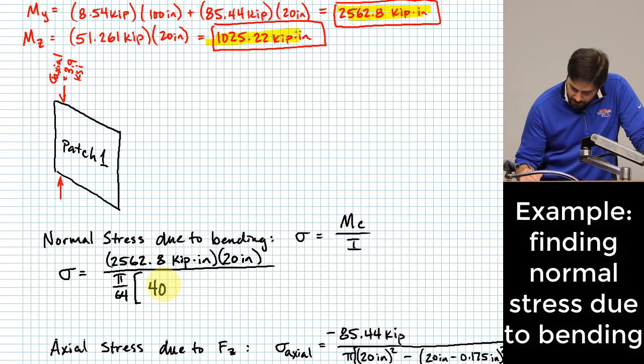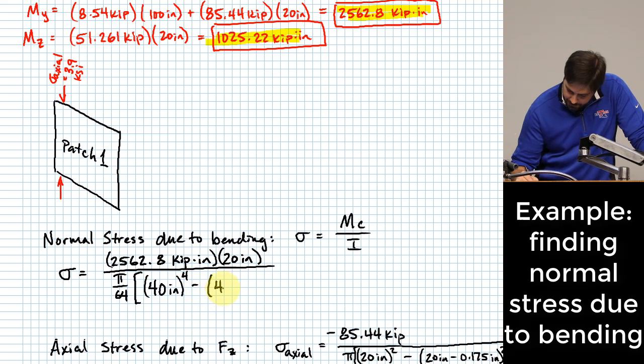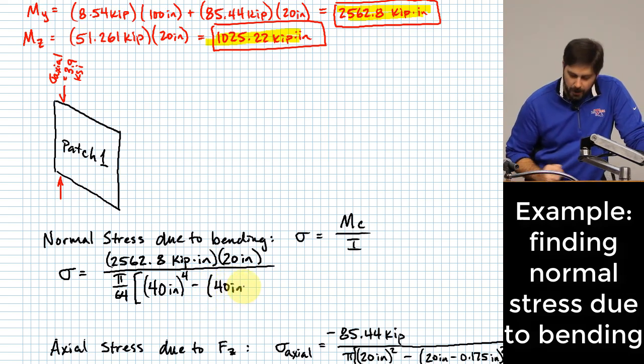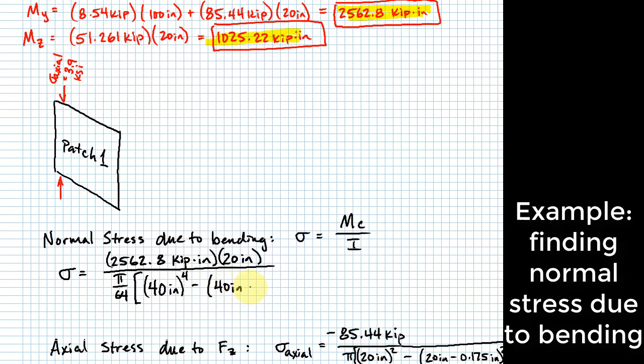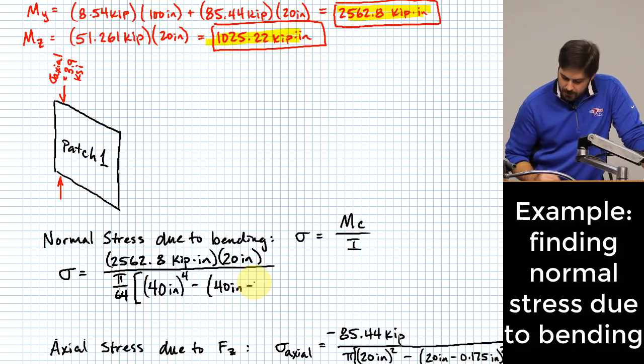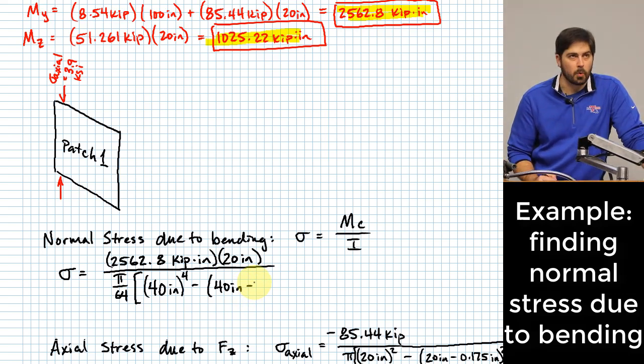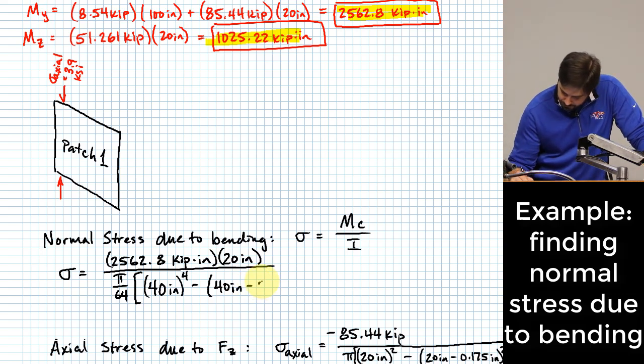We would use our diameters if we use the pi over 64. Okay, and then for our other term here, we would have 40 inches then with what? Minus, okay, we would need 2 times the wall thickness, right? So 2 times 0.175 inches.